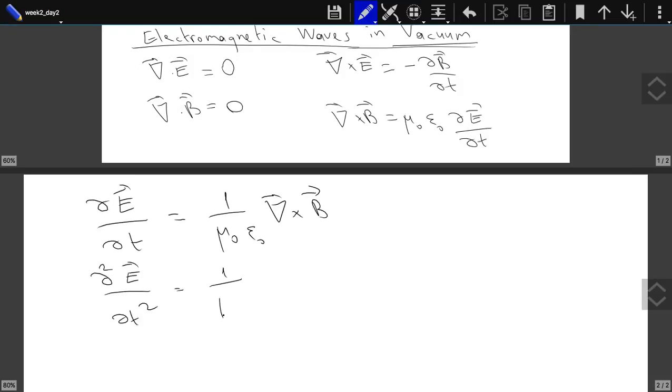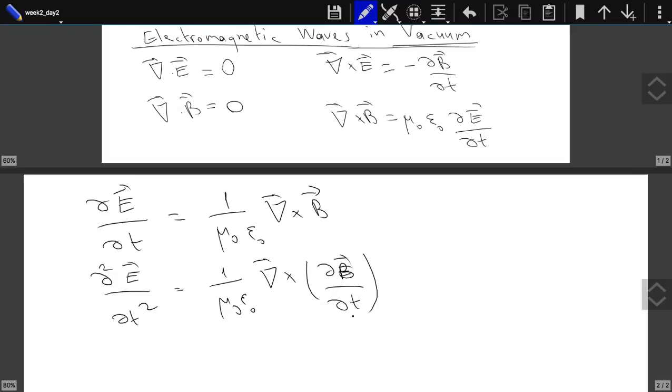This is equal to 1 over mu 0 epsilon 0. Position and time derivatives, I can change their order. Second derivatives, well, if you ask a mathematician, they will just list the conditions under which you can change the order of derivatives. But for us, all the functions are sufficiently smooth. So you can just change their order. So the second derivative is nothing but the curl of the first derivative of B with respect to time.